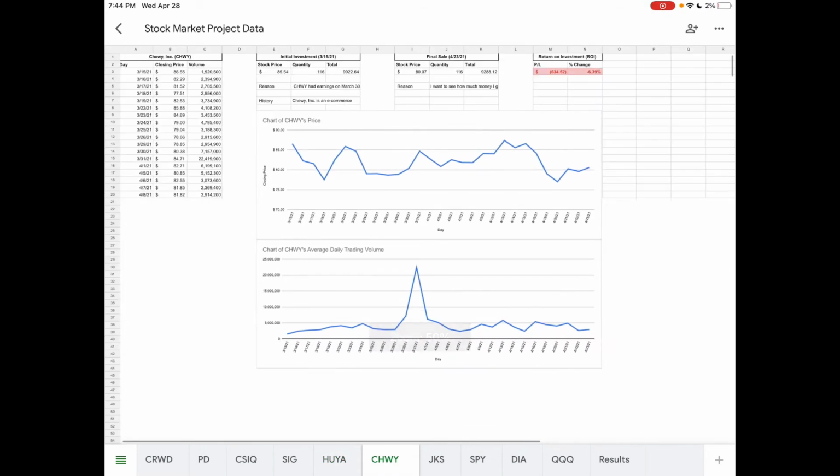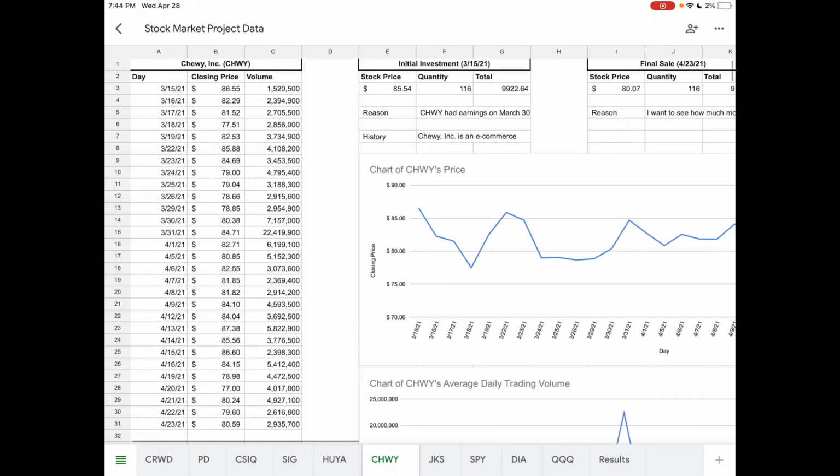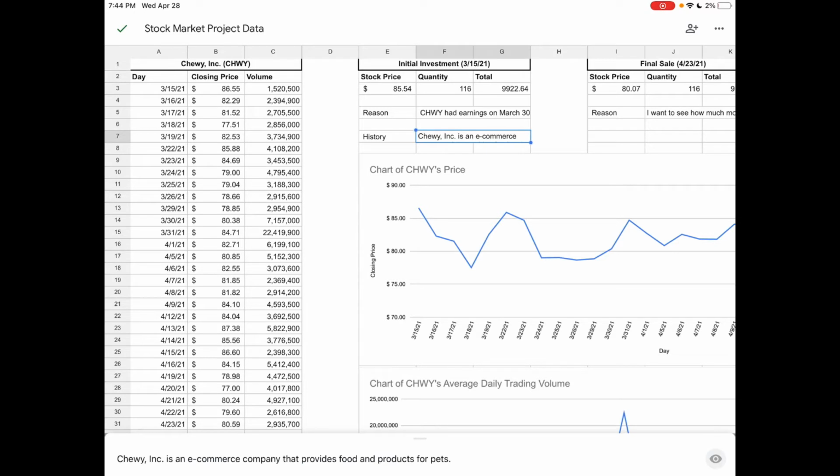All right, so the next stock is Chewy, and this is the data that I collected. Chewy Incorporated is an e-commerce company that provides food and products for pets, and it had earnings on March 30th, 2021.